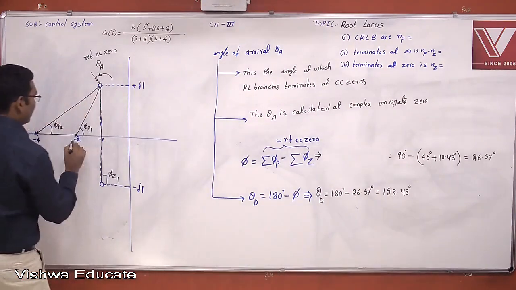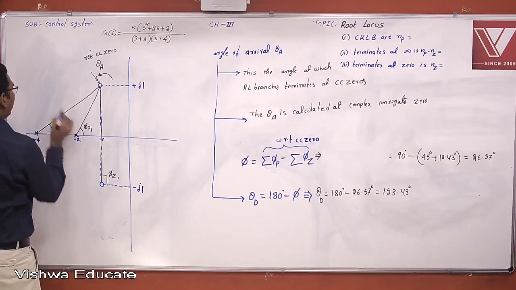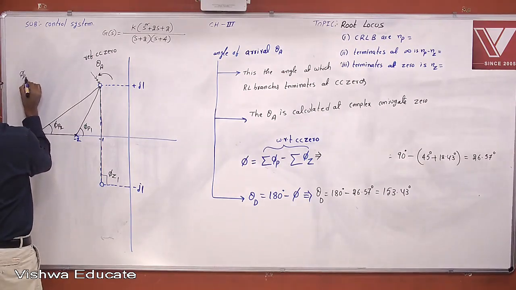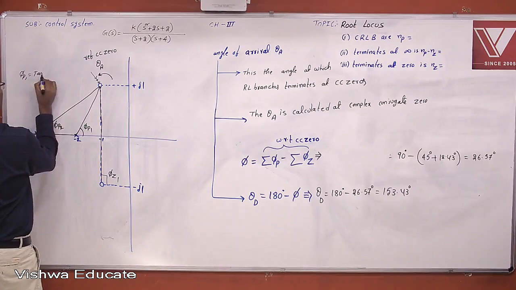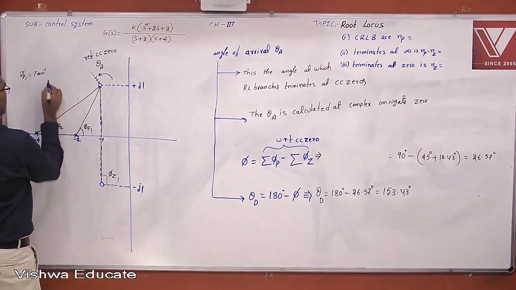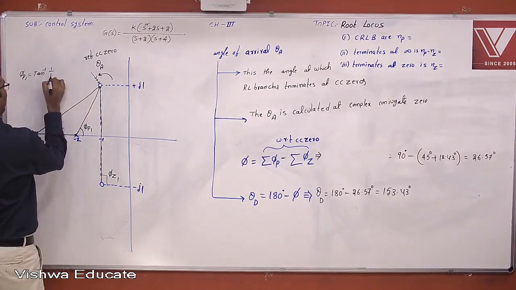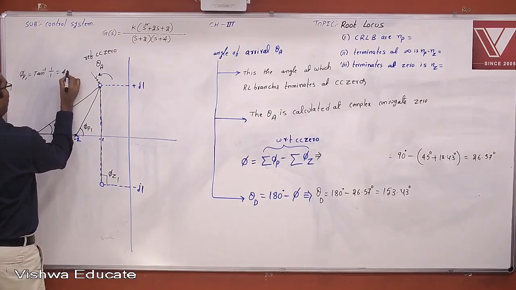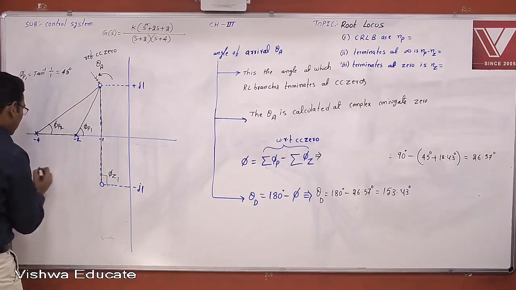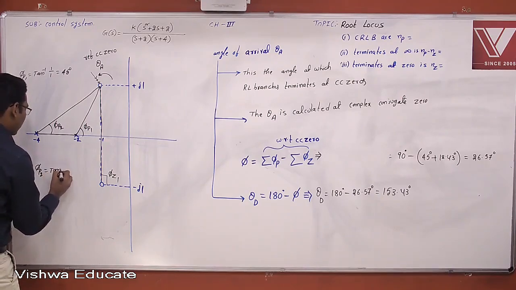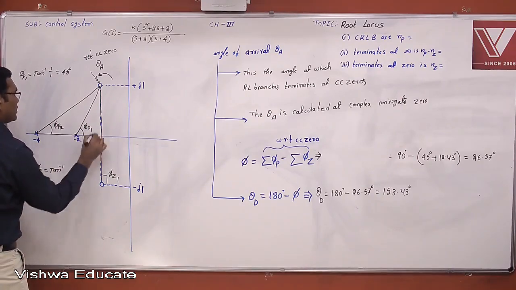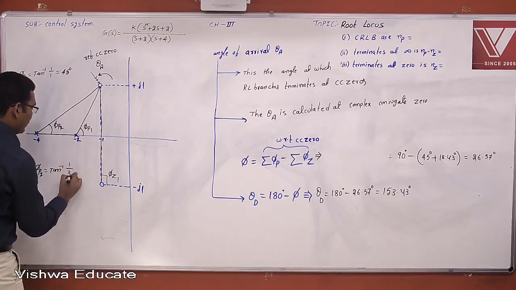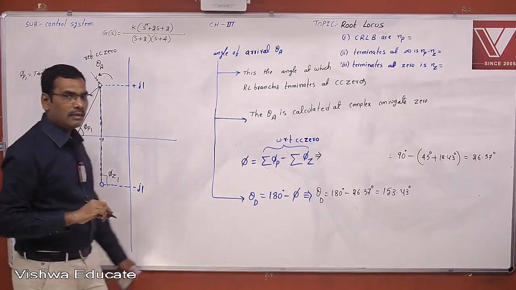Now what about this vector distance? Phi P1 is nothing but tan inverse of 1 by 1, which is equal to 45 degrees. Now what is phi P2? Phi P2 is nothing but tan inverse of 1 by 3, which is 18.43 degrees.